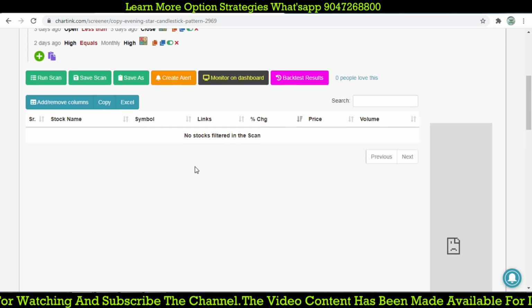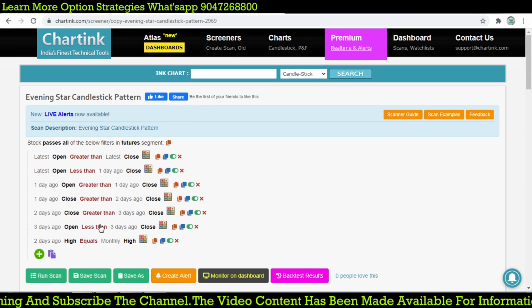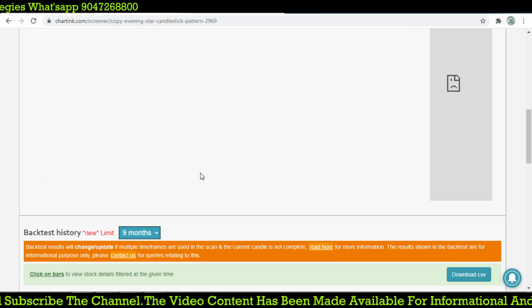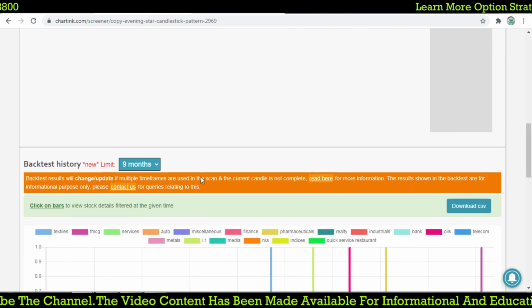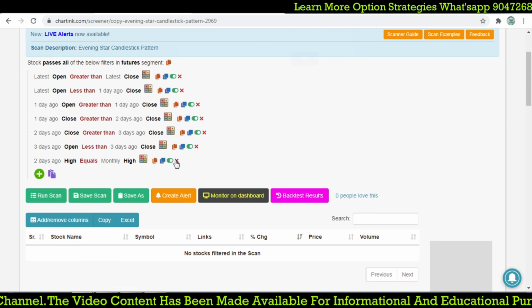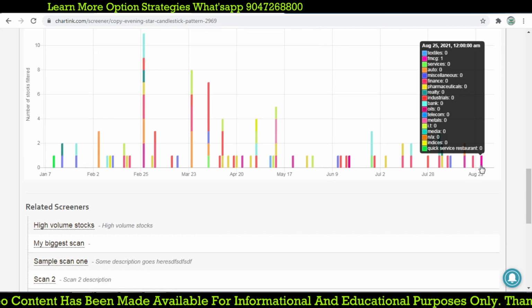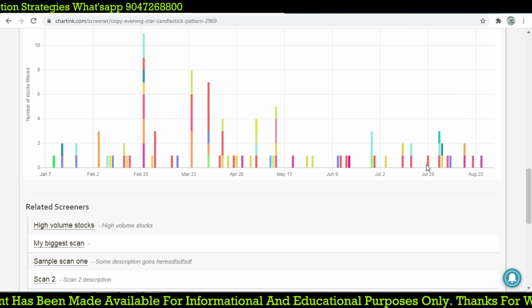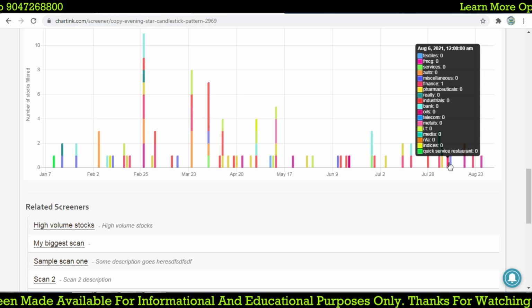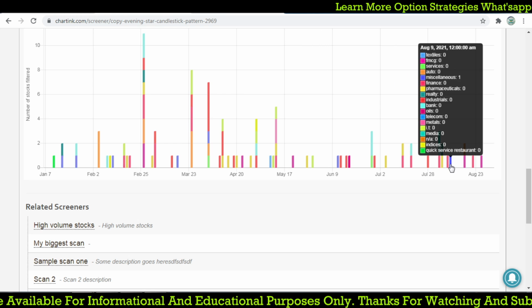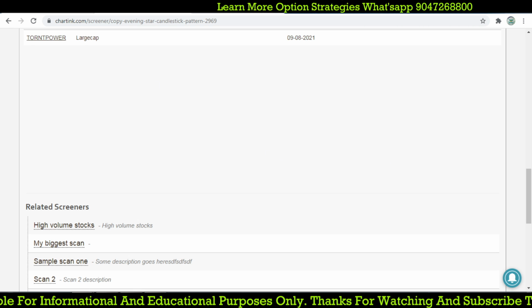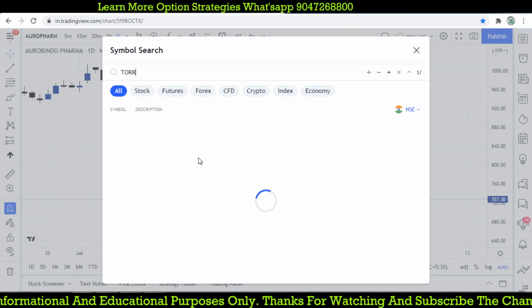So this is another candlestick scanner we can use for monthly, even the highest level, or we can avoid this. If you want to check manually, we can run it and get a lot more stocks on that 28th. Meanwhile the 6th, and again we got August 9th, that is Torrent Power. Let's check whether it is right or wrong.